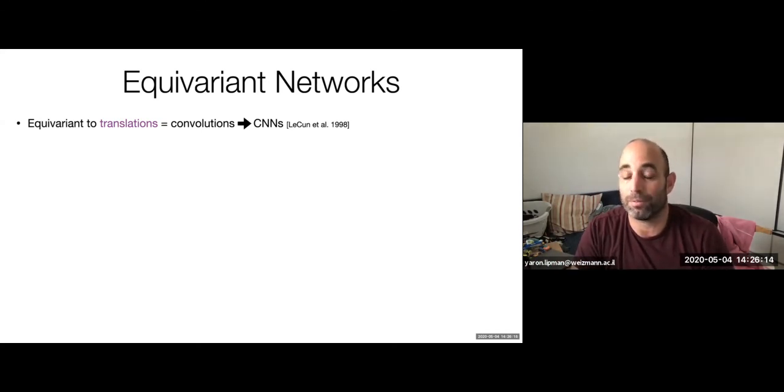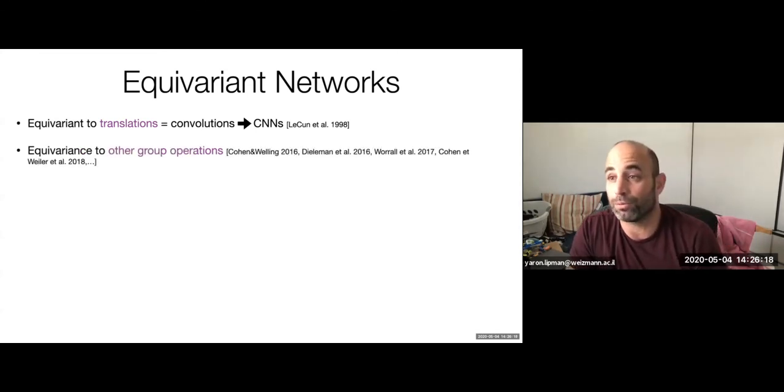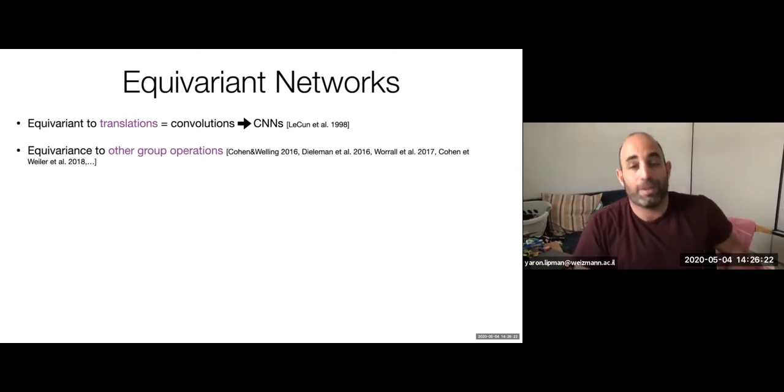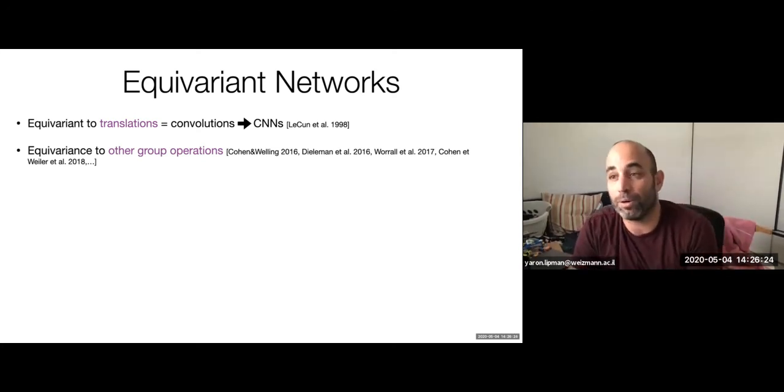Maybe the biggest success to date. What about other groups? So translation is good. Many researchers have thought about more elaborate transformations than translation. Some added 90-degree rotations. Some thought about continuous rotations, SO(3), rotations on the sphere, scaling. So there's a lot of work in that domain.